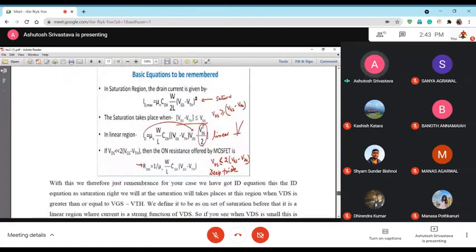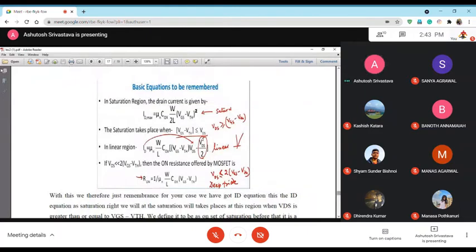So this is the crux. Essentially, the basic equations that need to be remembered are these: the current in a MOSFET, once the inversion layer has been formed, has three regions of operation.